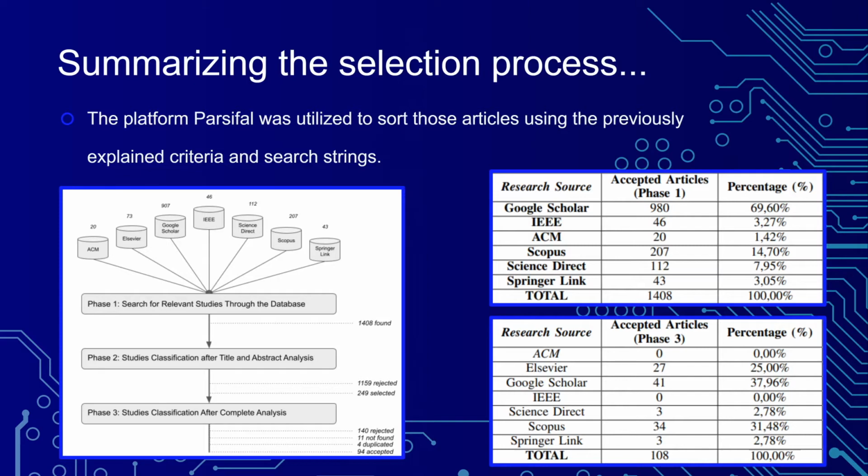The ones that don't fit the criteria are discarded or rejected. And then we proceed to phase 3, the study classification after complete analysis. So then we read all of the papers in their entirety and see if they fit into our criteria. We had 94 papers accepted in this phase.